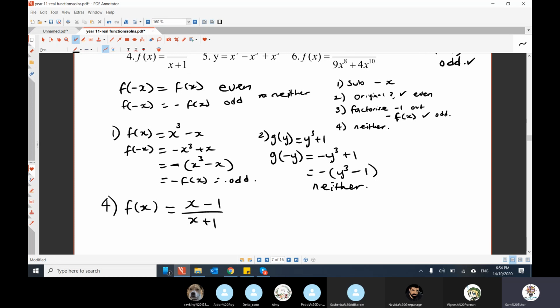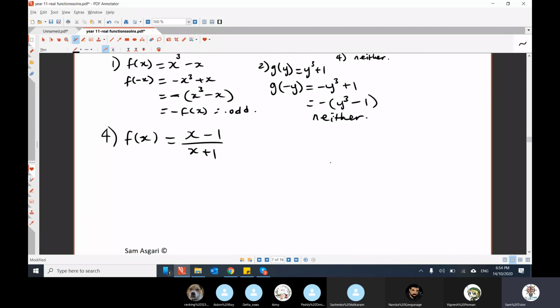If there's no letters, you know there's going to be problems, especially if there's no letters and these are odd powered. So f of negative x equals negative x minus 1 on negative x plus 1. When you took out a negative, you got to this step, is that right?